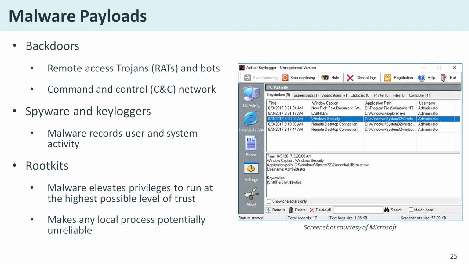Spyware and keylogger. Spyware means that someone has installed spyware on the system and is spying on what you're doing, seeing all your files and everything you do. Keyloggers and spyware are similar, because keyloggers capture your keyboard keys.